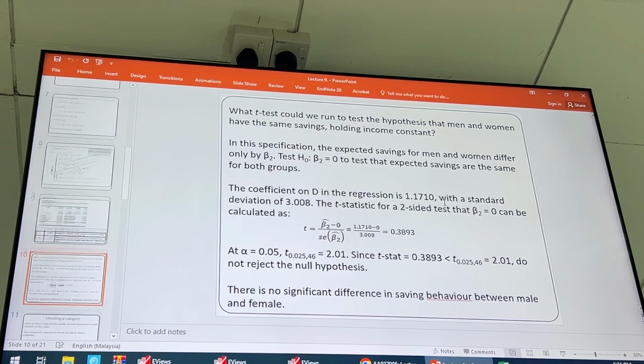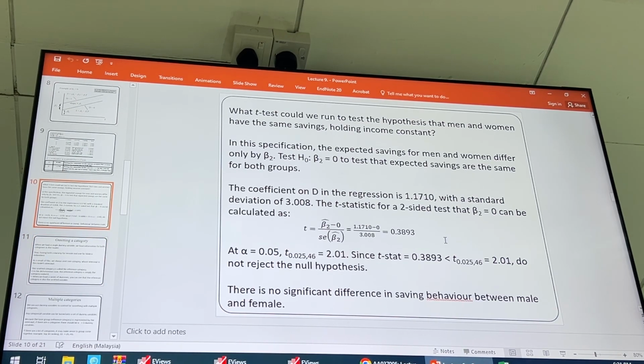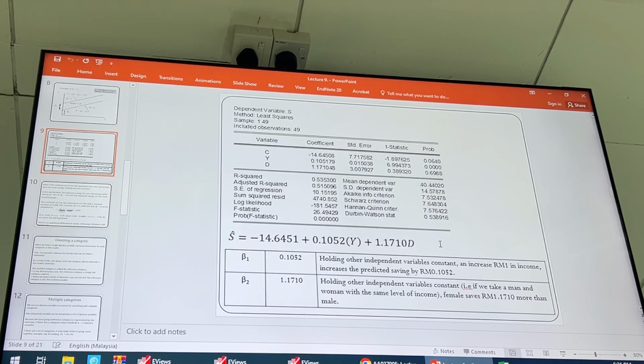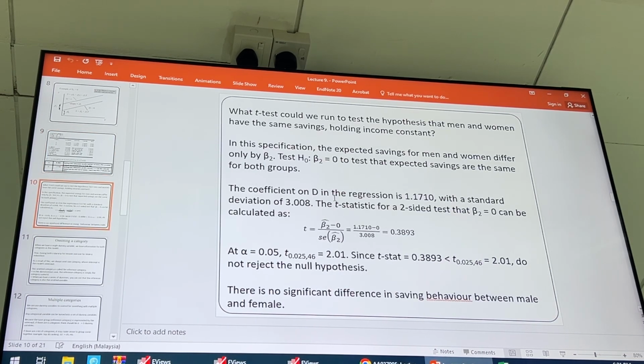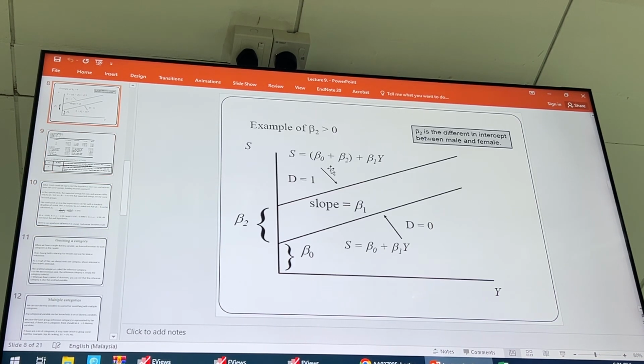So instead of comparing the test statistic to the critical value from the table, you can just conclude based on the p-value. The p-value 0.69 is greater than the significance level, so we do not reject. We conclude that the true coefficient beta 2 equals 0, meaning that there is no significant difference between the saving for male and female if you use this model.